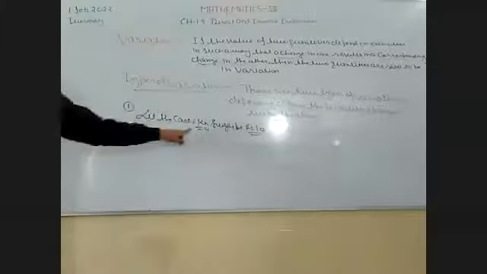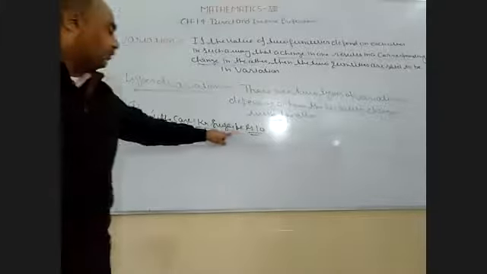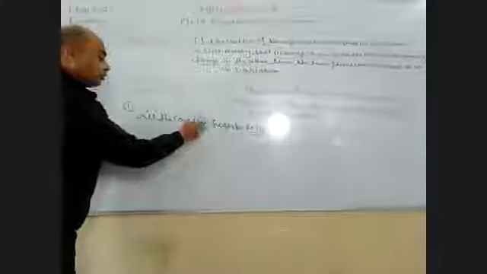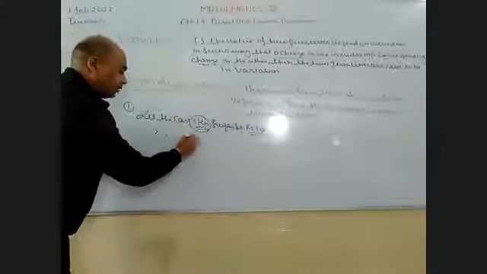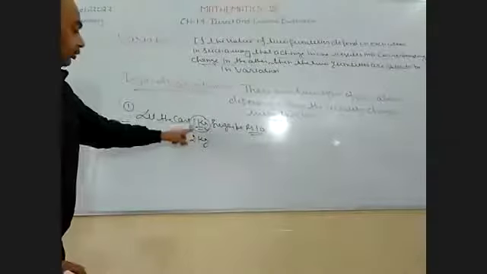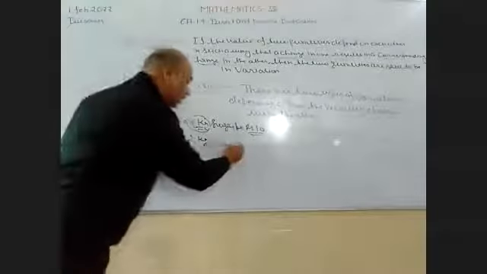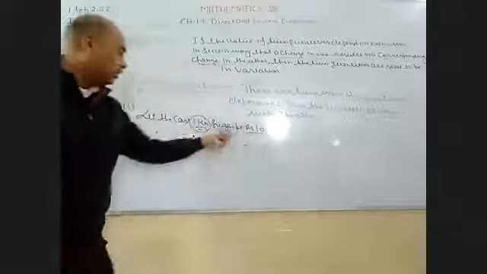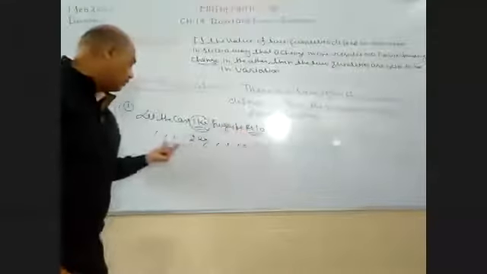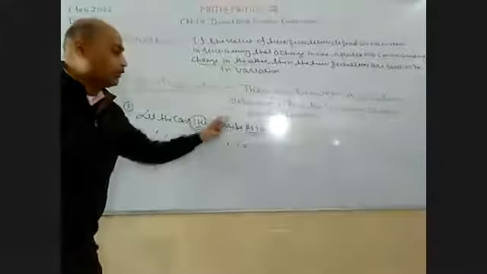The quantity is 1 kg, and 1 kg of sugar costs rupees 10. If I change this quantity to 2 kg, I increase the quantity. Now, will the price of 2 kg be more or less?